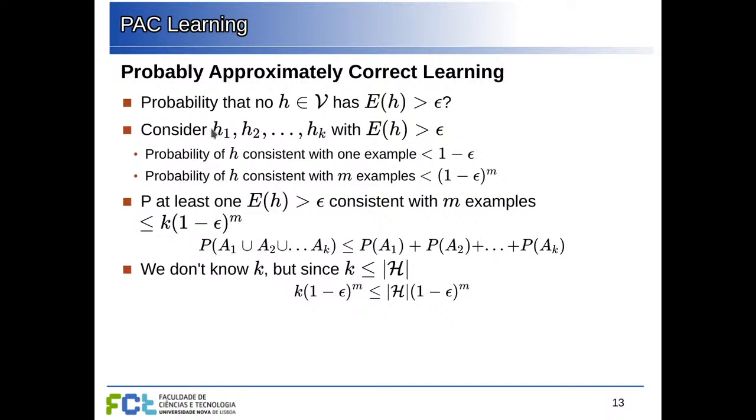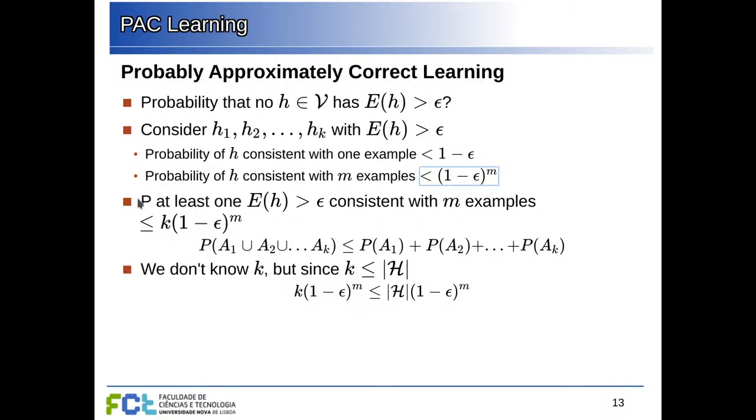Because if the true error of this hypothesis is larger than epsilon, the probability of classifying some example correctly is smaller than 1 minus epsilon. So the probability of one of these hypotheses classifying all the m examples in our training set correctly is smaller than 1 minus epsilon raised to the power of m, because it must classify the first one correctly, the second one correctly, and so on, all of them correctly.